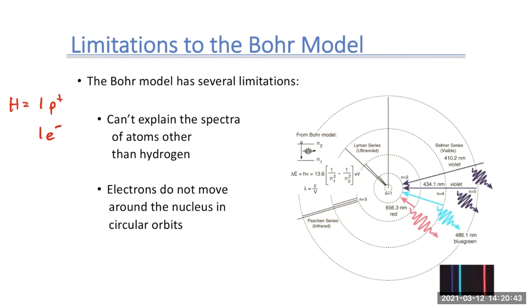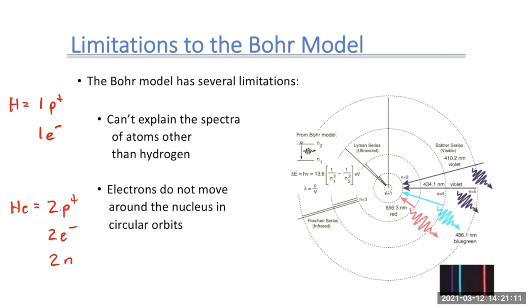This is much easier than if we studied anything else. Even helium becomes a lot more complex because helium has 2 protons, 2 electrons, and also 2 neutrons. Which means now you have to worry: having 2 protons, does that change things?